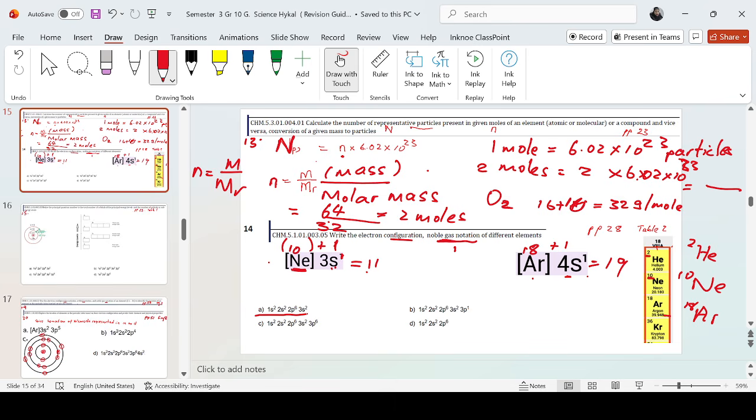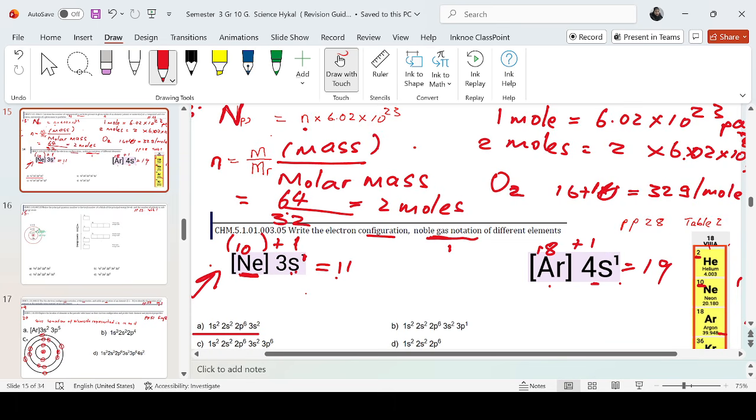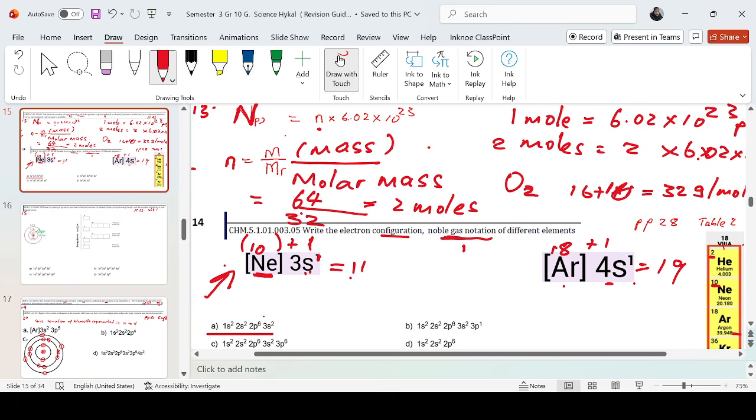We can start from the electron configuration, the Aufbau notation, going back to the noble gas notation. Let's see here. 1s2, 2s2, 2p6, 3s2. How many electrons are there? 2, 4, 6, 8, 10, 12. There are 12 electrons. Which noble gas is close to 12?